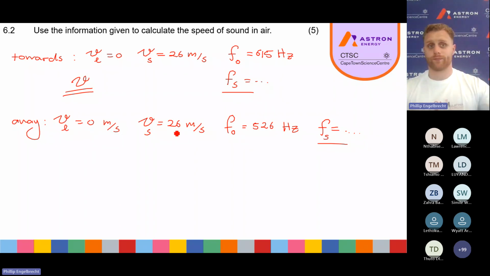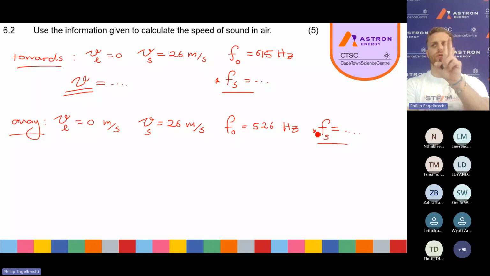Anyways, now here's the thing. Let's look at this. This is my information when we were going towards, and this was information when we were going away. Now, we want to know what the value of the speed of sound is in air. However, I still do not know what the frequency of my source is in both scenarios.